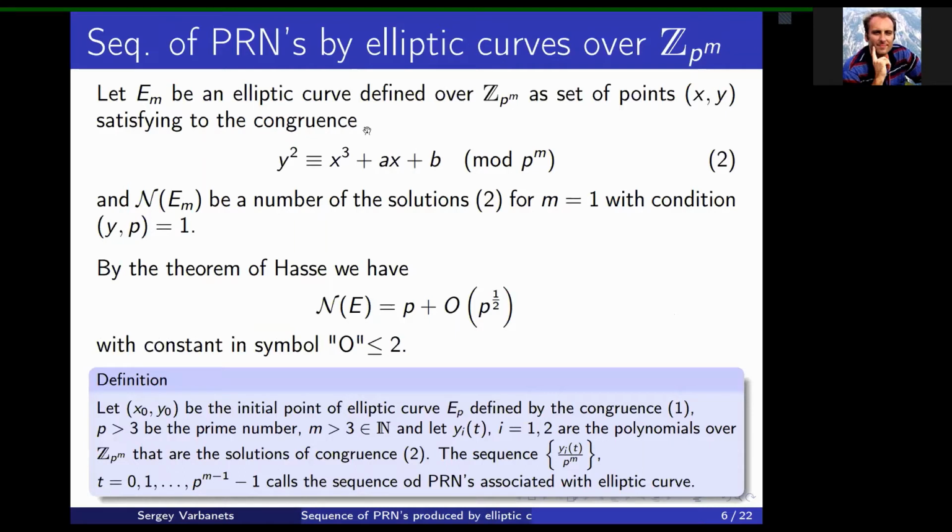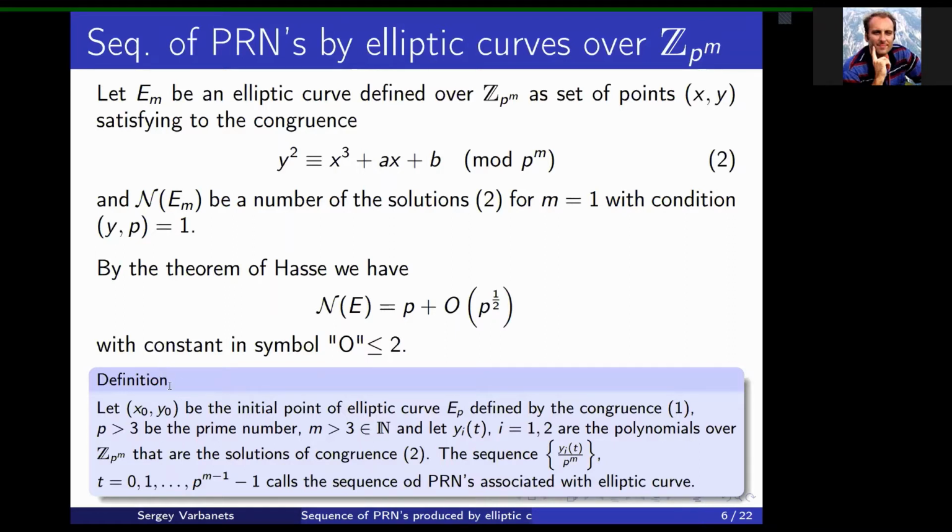And let N(E_m) be the number of solutions of the congruence 2 for m equal to 1 with the condition of coprime y. By Hasse's theorem, we have the following, with the constant in the symbol O.